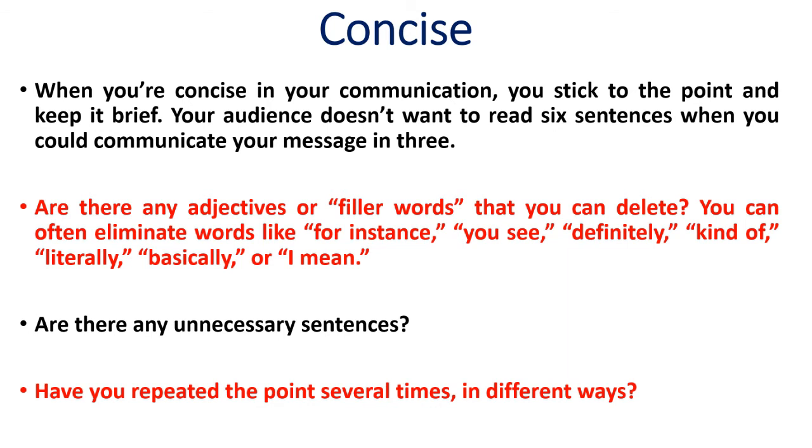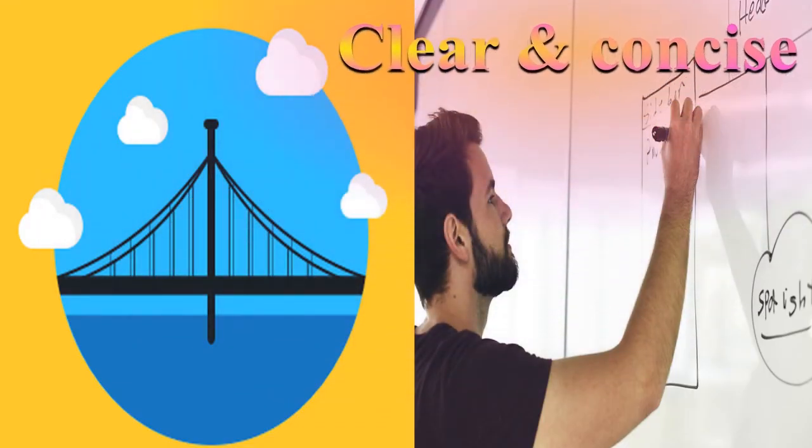You can often eliminate words like: for instance, you see, definitely, kind of, literally, basically, or I mean. Are there any unnecessary sentences? This can usually be done in written communication. So whenever you are sending written communication, try to omit these things. Have you repeated the point several times in different ways? Similarly, if you are talking to someone, your communication should be concise.